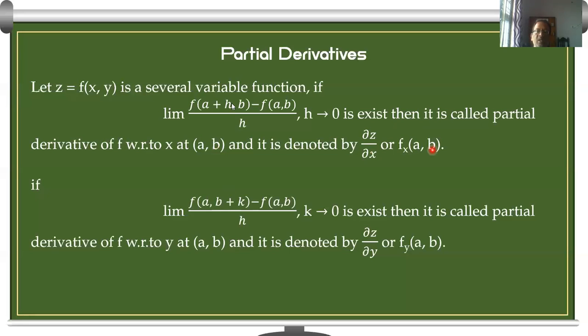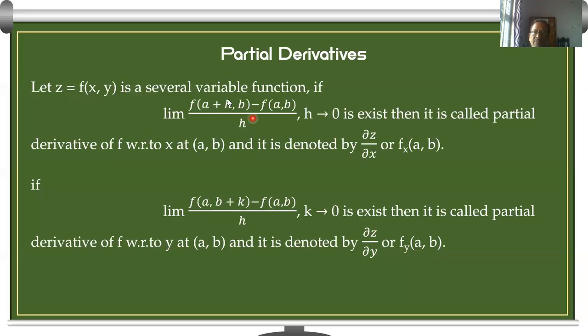In a similar manner, if there exists a small increment in the b value, limit f of a comma b plus k minus f of a comma b by k. Okay, it should be k. As k tends to 0, then it is called the partial derivative of f with respect to y at the point a b, and it is denoted by dou z by dou y, and it is nothing but f y at a b.